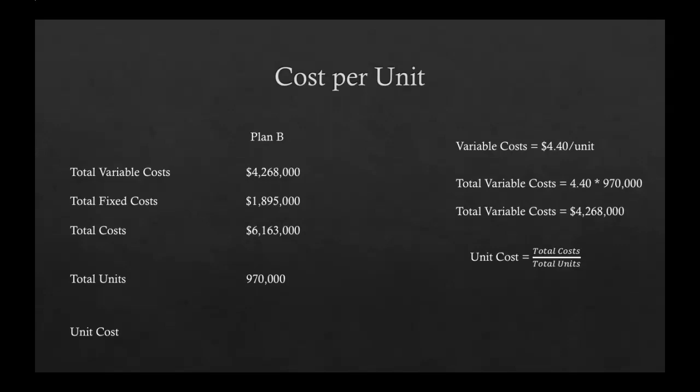Now we need to calculate our unit cost again. If we take our total cost divided by our total number of units, we will end up with a unit cost under plan B of $6.35 per unit.